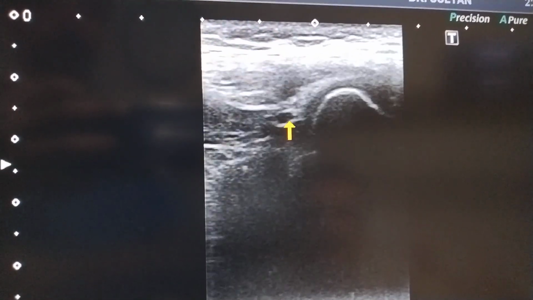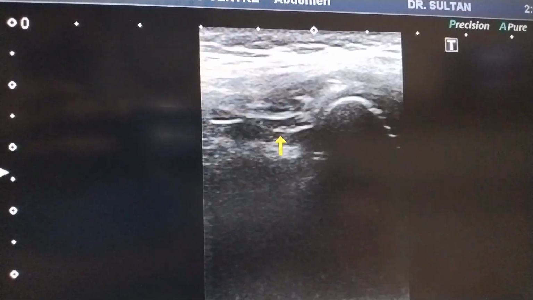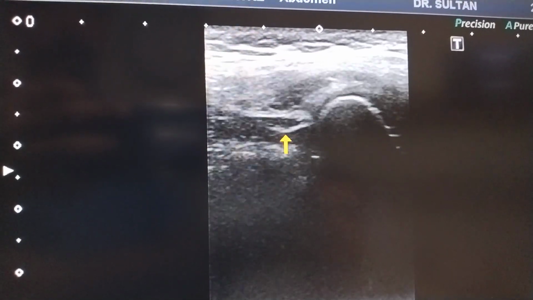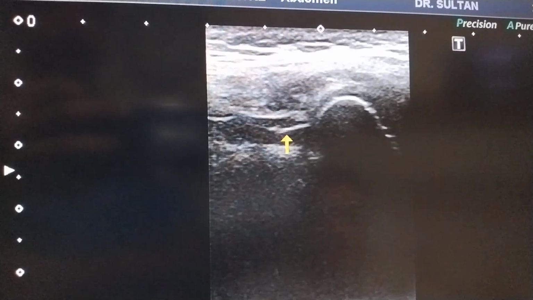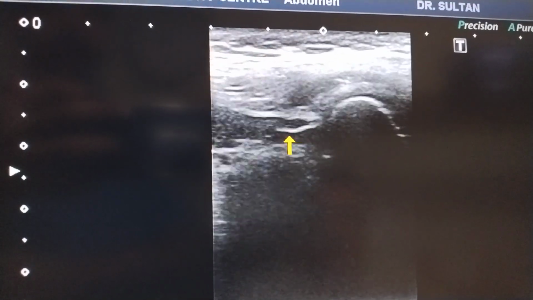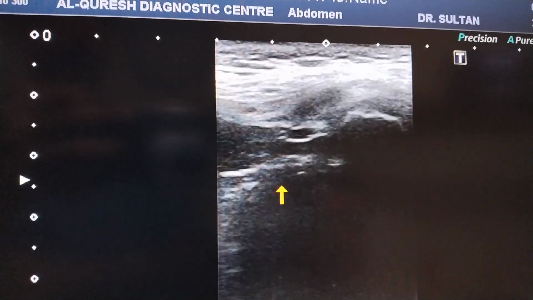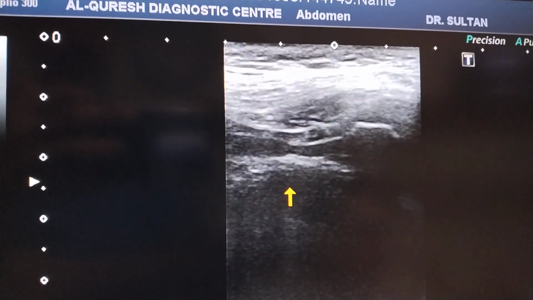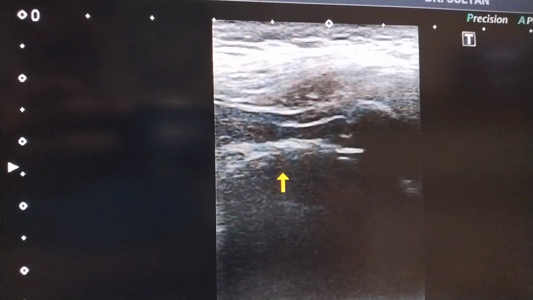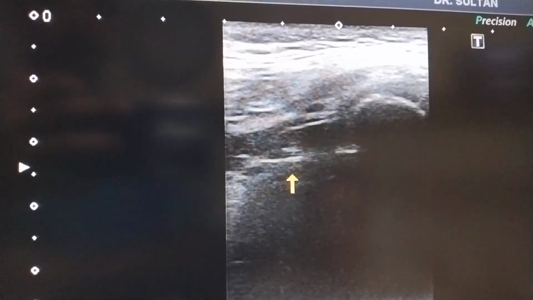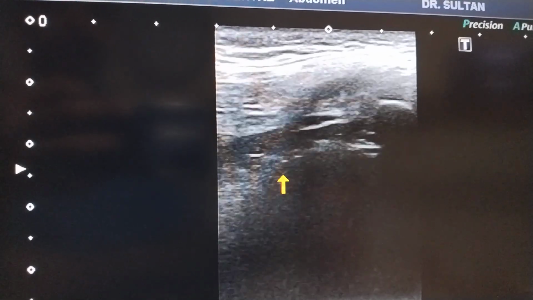At the pubic tubercle, we just tilt the probe toward the anterior superior iliac spine. So I am tilting the probe while it is at the same place, and then I move laterally.